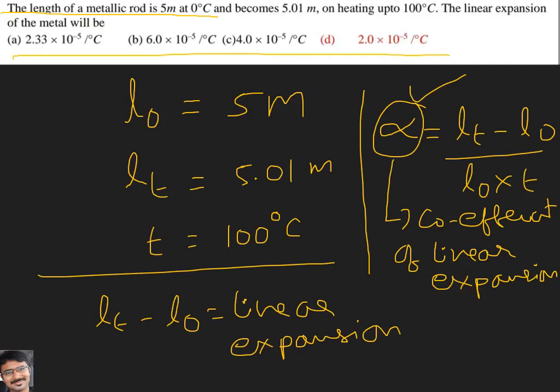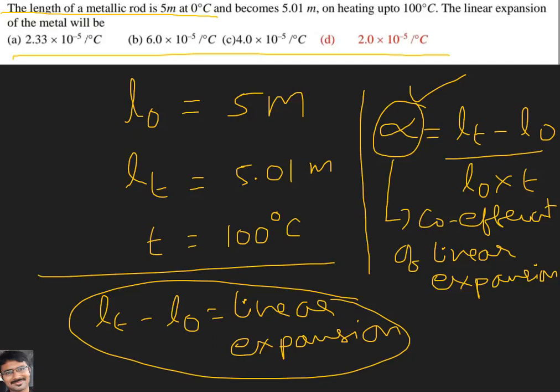If options are not there, I would have done only this one. I would not find alpha, because alpha is not linear expansion. You have to catch my point. Alpha is the coefficient of linear expansion, and this LT minus L naught is linear expansion. Change in length is called linear expansion. I hope you are clear till here and you understood this.